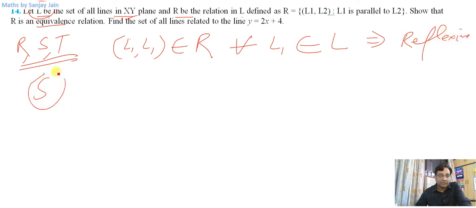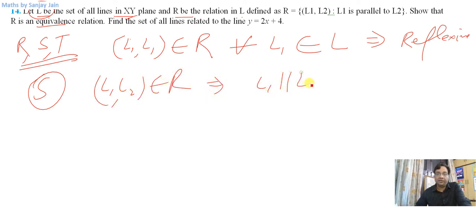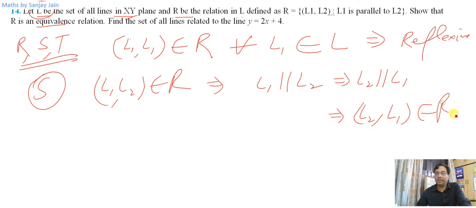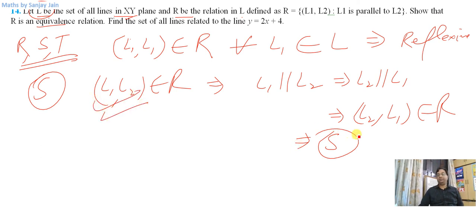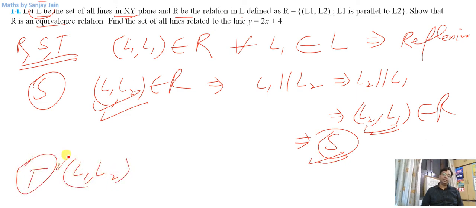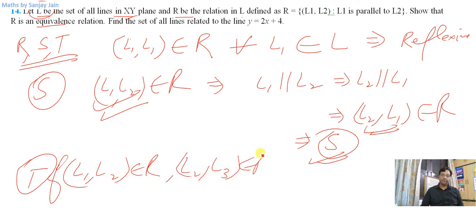What about symmetry? L1, L2 is present in this relation R, implies L1 is parallel to L2, and this implies L2 is also parallel to L1, and this implies L2, L1 is present in this relation R, and that means it is symmetric because L1, L2 is present implies L2, L1 is present. What about transitive? If L1, L2 belongs to R, L2, L3 belongs to R, does that imply that L1, L3 belongs to R?